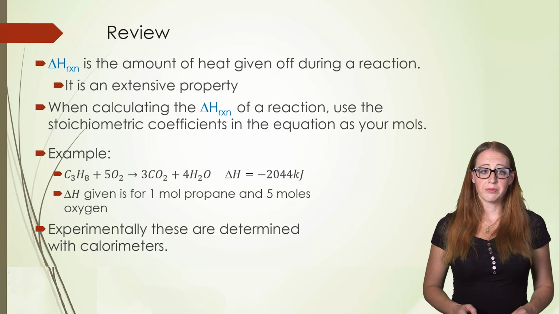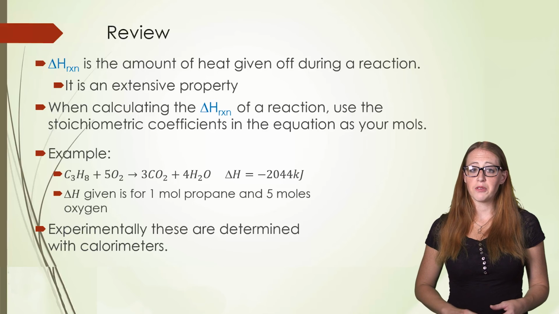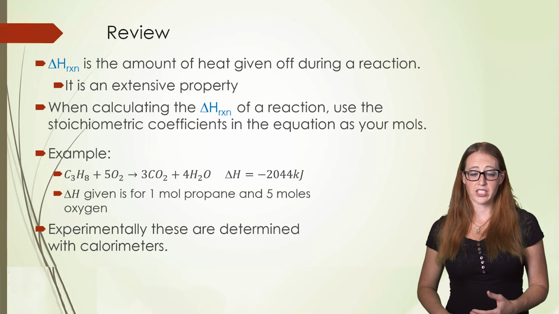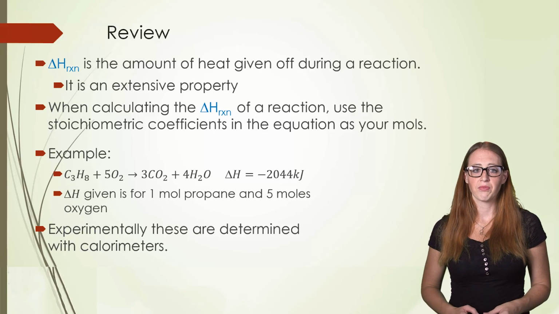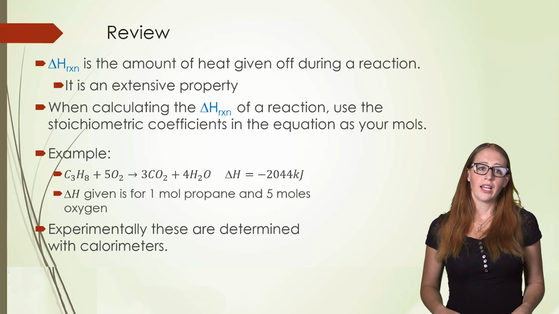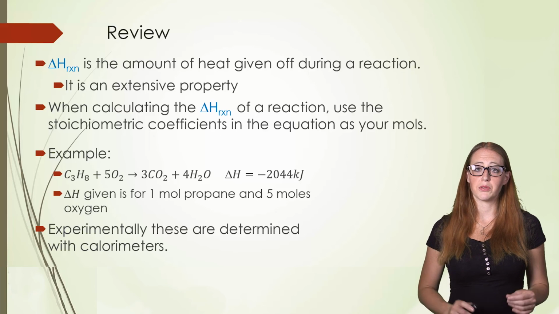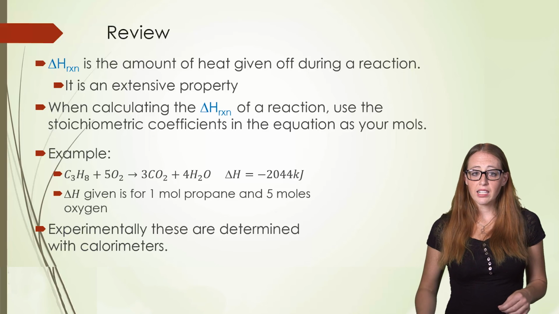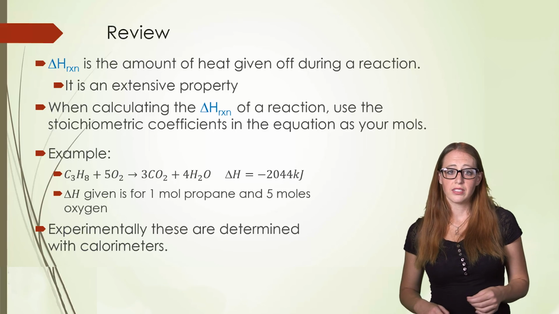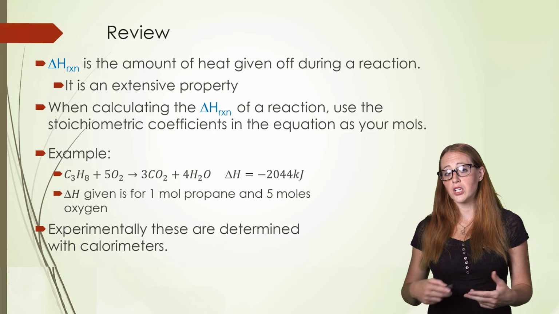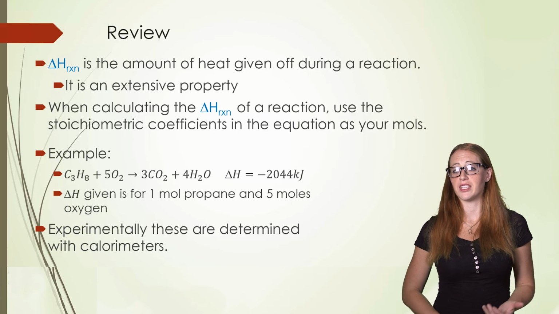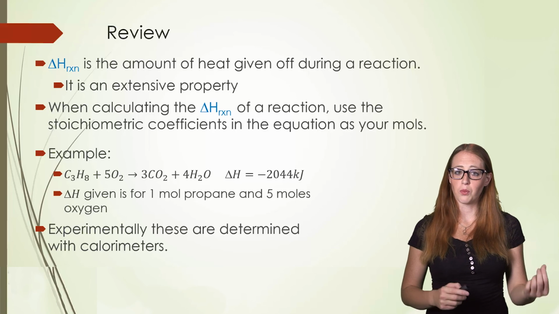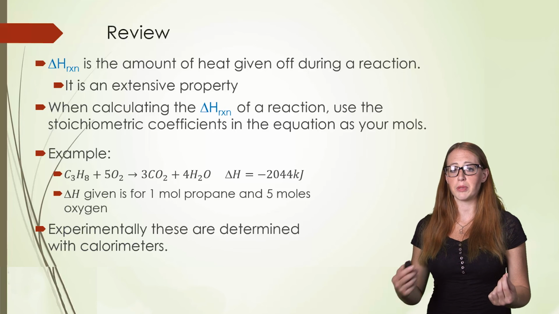So for a quick review, delta H is the amount of heat that is given off during a reaction, or absorbed, of course. It is an extensive property, which means that it depends on the amount of the species that is being reacted. When we calculate the delta H of a reaction, it is calculated per stoichiometric coefficient moles. So if there's a 1 as a stoichiometric coefficient, it is per mole.